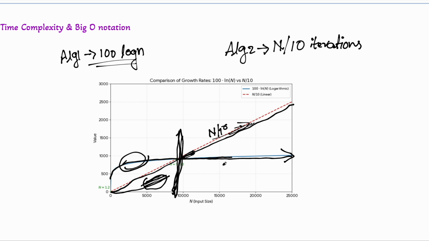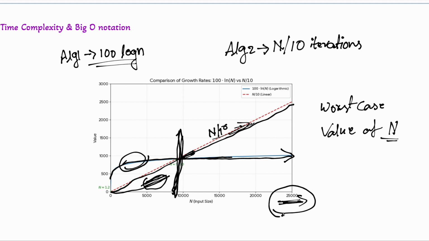So among these two, which one do we have to consider as best? We always take the worst case value of n. If we take a worst value of n, we see that 100 log n gives us the best time.